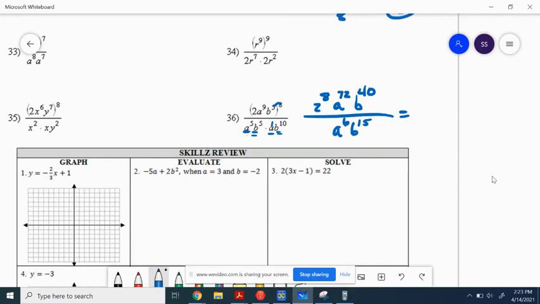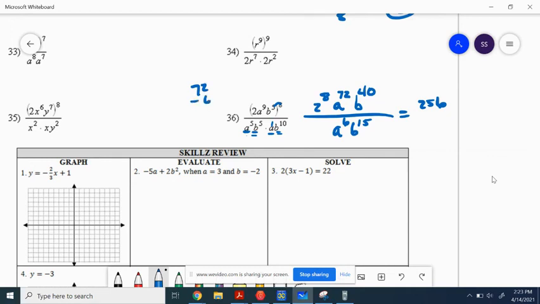So we could leave 2 to the 8th power as 2 to the 8th, or we could multiply that out, 2 times 2 times 2 times 2 times 2, 8 times, which is 256, I think. And then we're going to divide these exponents, which means we're going to subtract the exponents. So we're going to do 72 minus 6.